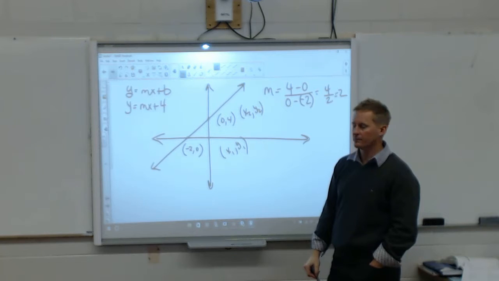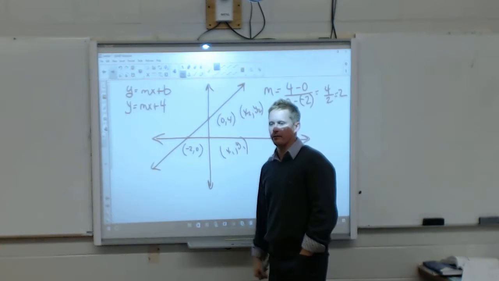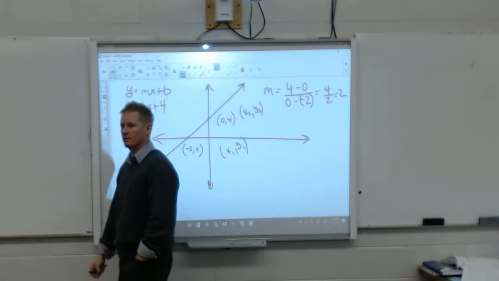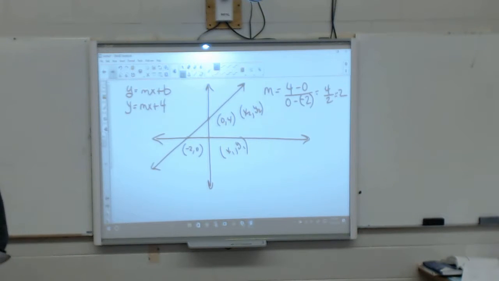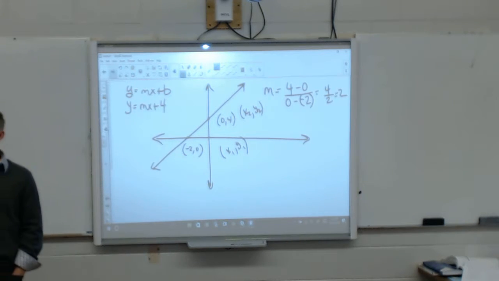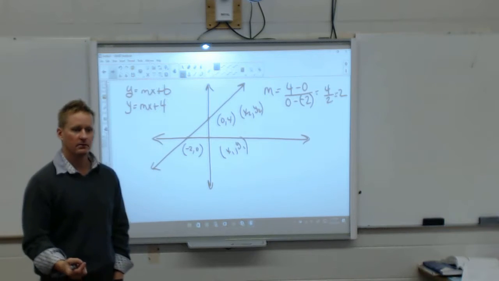Agreed? Okay? What was the easier way to do that? Got the graph. It's the easier way to find the slope than using the equation.